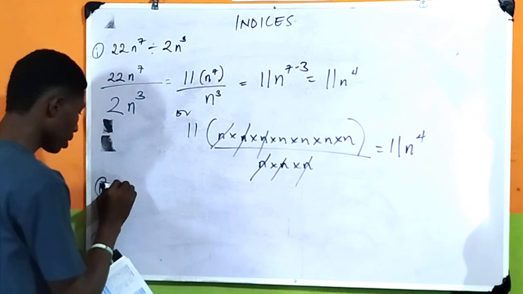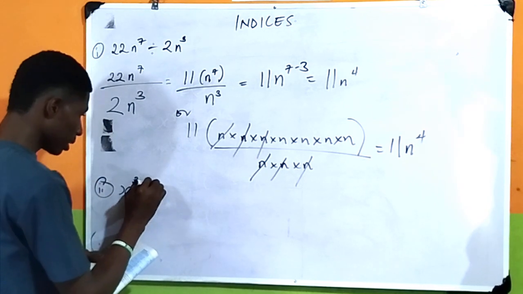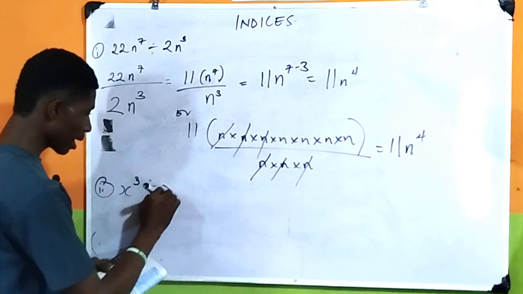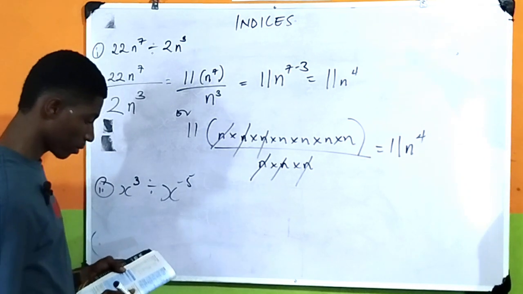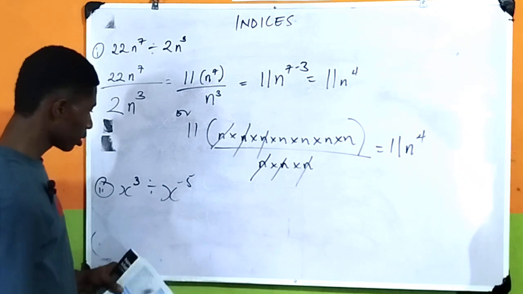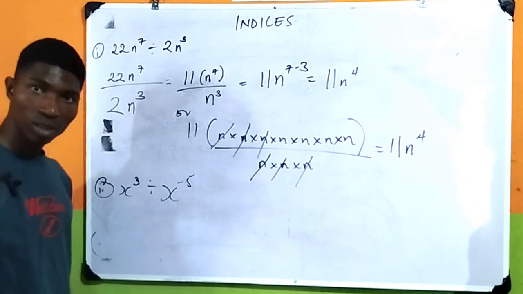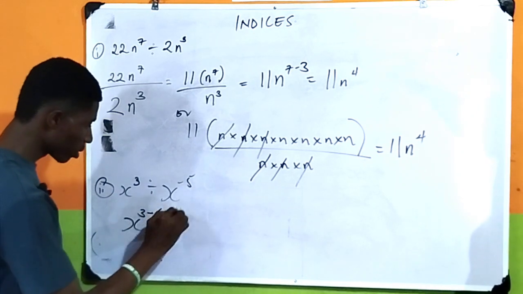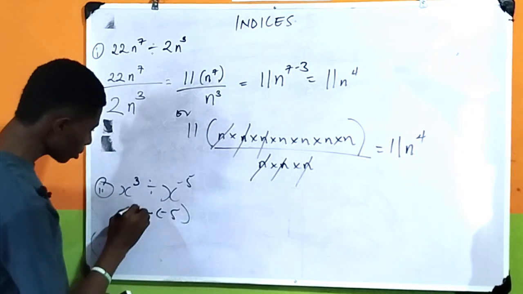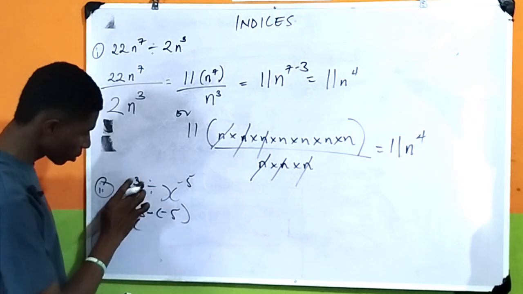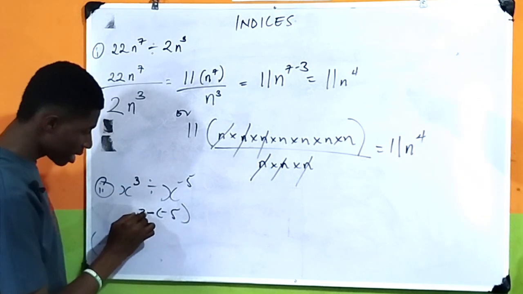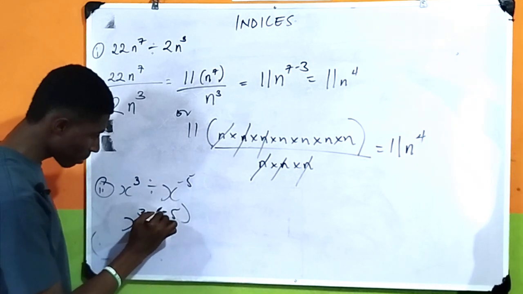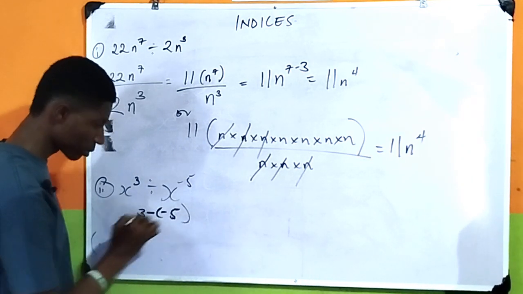Example II. x cubed divided by x^(-5). Are the bases the same? Yes. So I have x^(3 minus minus 5). When dividing similar bases, you subtract the other power, minus 5.